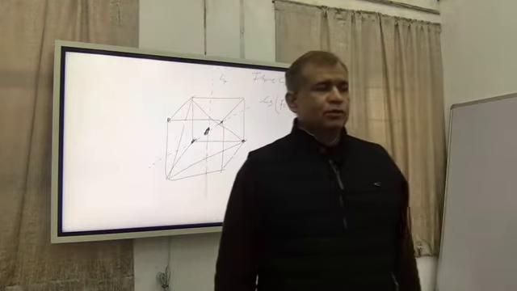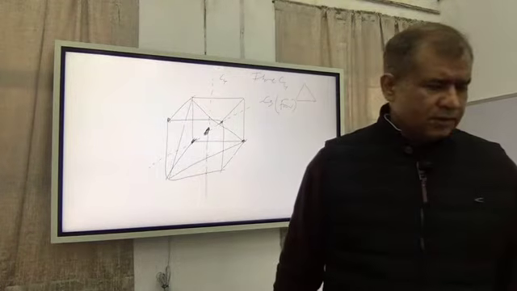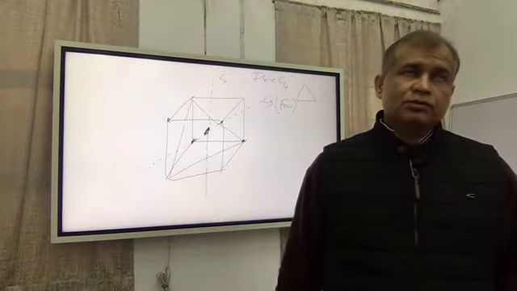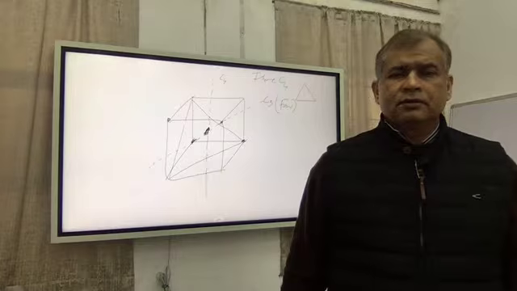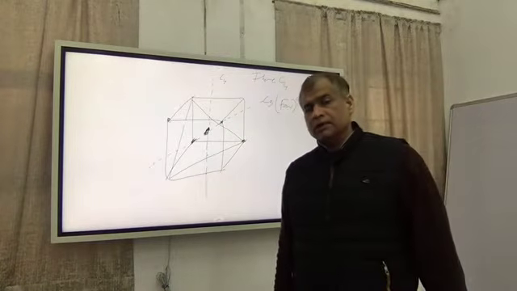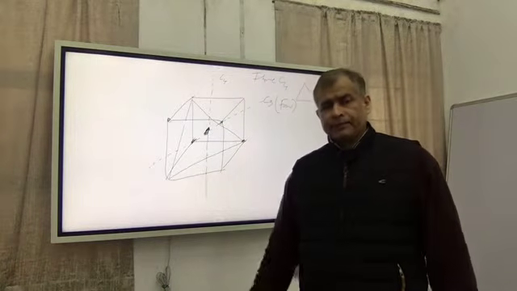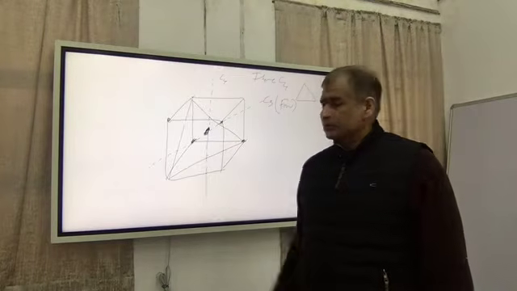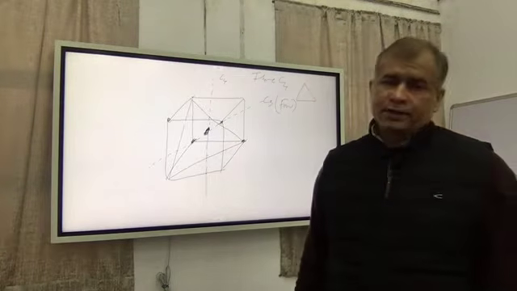So 2 things we knew. There are C4 axes in it, and one C4 axis passes through the opposite face centers. So the total number will be 3 because there are 6 faces, so 3 pairs of opposite faces. Similarly, there are 4 C3 axes.